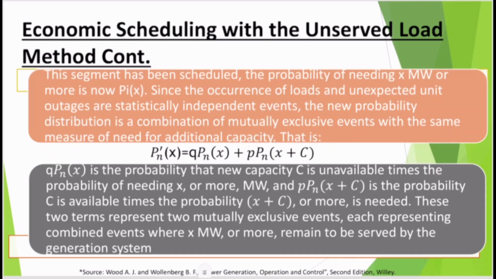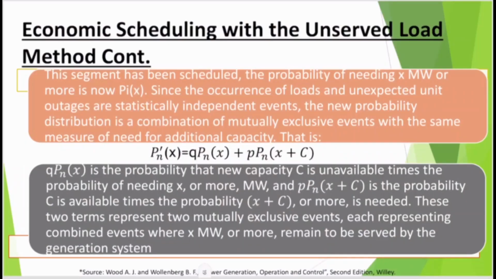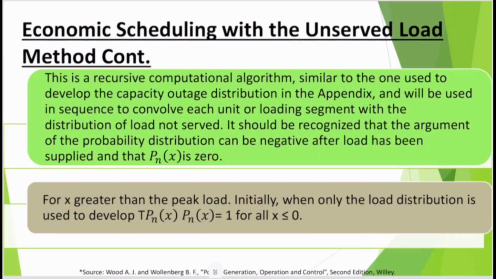Now these two terms, first segment and second segment, represent two different mutually exclusive events, each representing the combined event when X megawatt or more remain to be served by the generating system. Now this is a recursive computational algorithm similar to the one used to develop the capacity outage distribution and will be used in sequence to convolve each unit or loading segment with the distribution of load not being served.